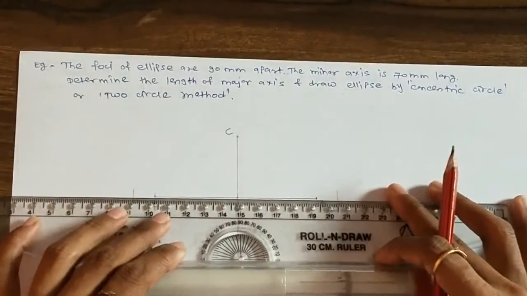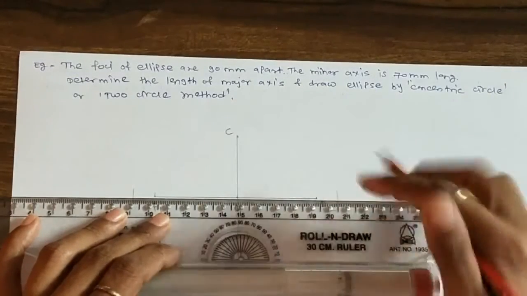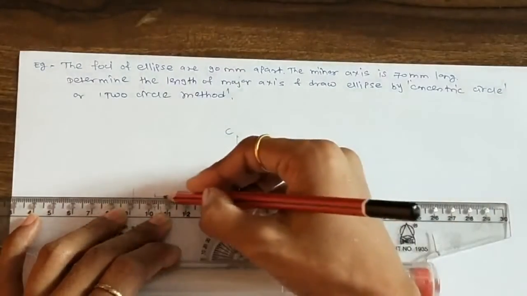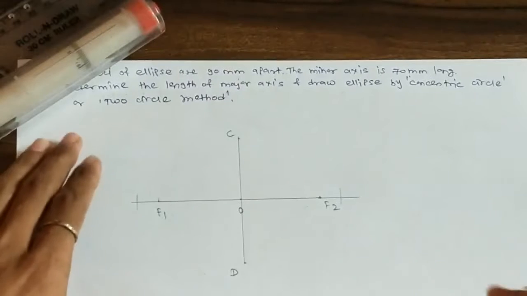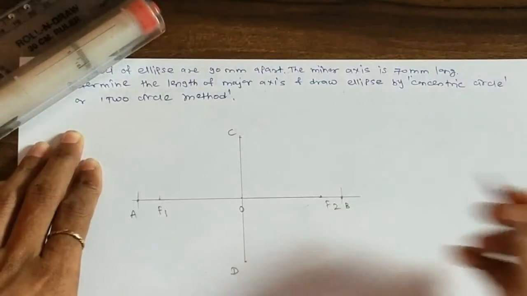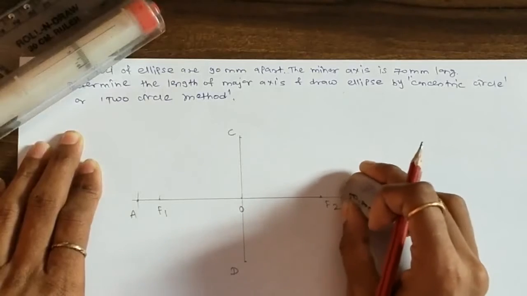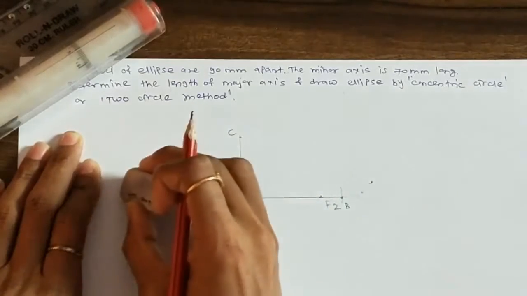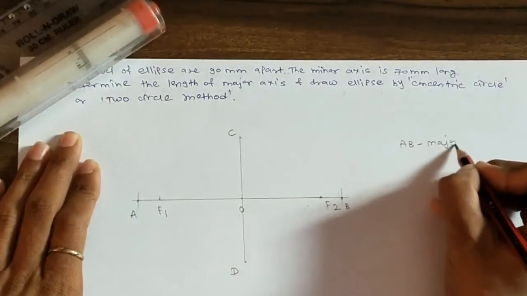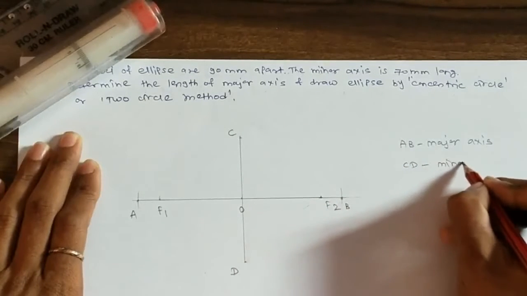Extend this line, and we have got this point as A and this point as B, which is the major axis of the ellipse. So AB is the major axis and CD is the minor axis.